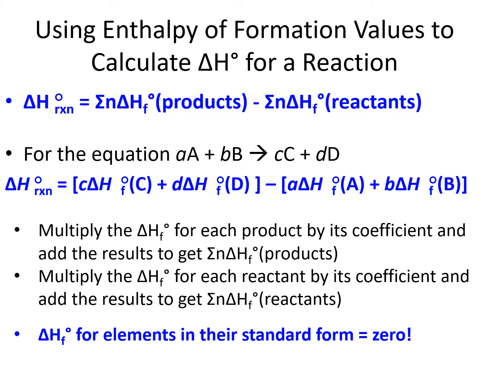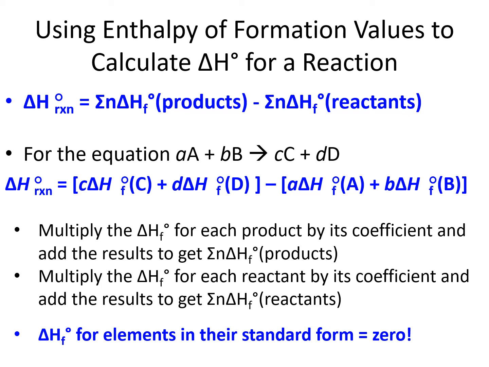So our general form is our delta H standard for the reaction is going to be the sum, that sigma is standing for sum, that is adding things up, of the n, that is coefficients, times the delta HF values of the products, minus the sum of the coefficients times the delta HF values of the reactants.